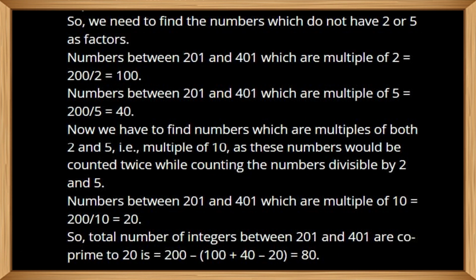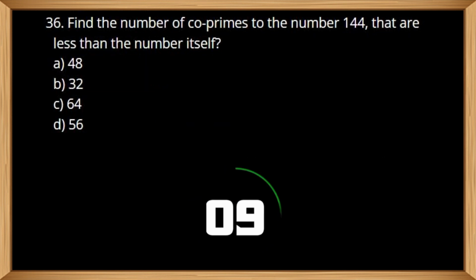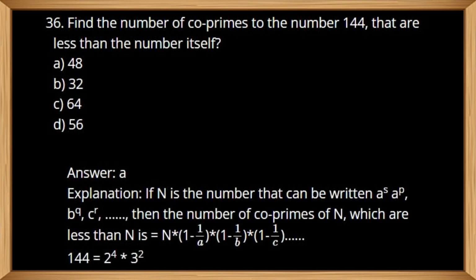C 80. Find the number of co-primes to the number 144 that are less than the number itself. Option A 48.